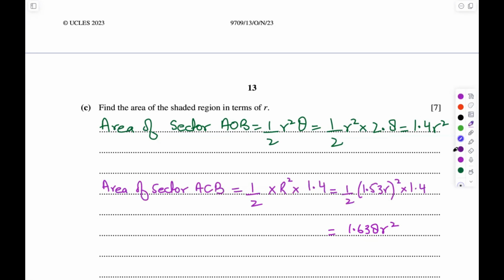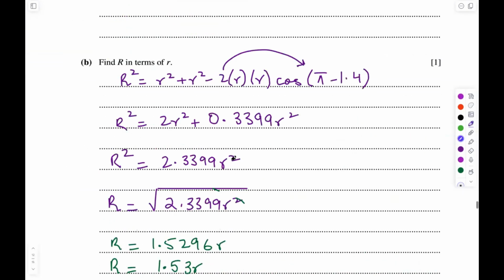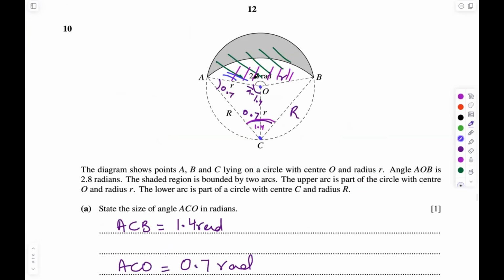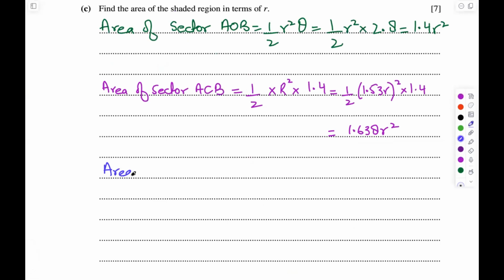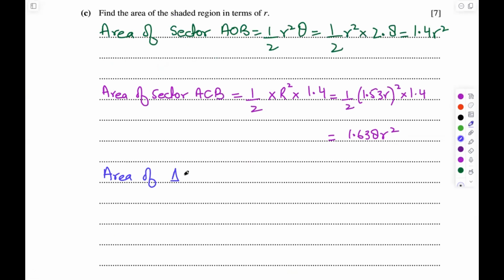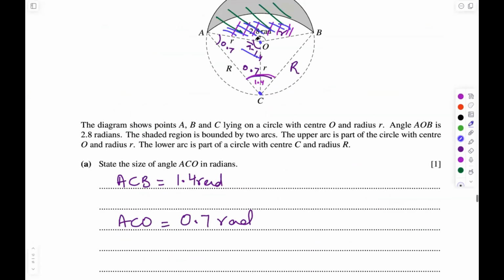Now we'll have to subtract the area of the two triangles from this, so we'll be able to get the area of the small region. For the area of a triangle, we can use the formula half AB sine C. The lengths are R and R, and the angle we can take as pi minus 1.4. So the area of the triangle, and we can name the triangle AOC, will be the same as OCB.